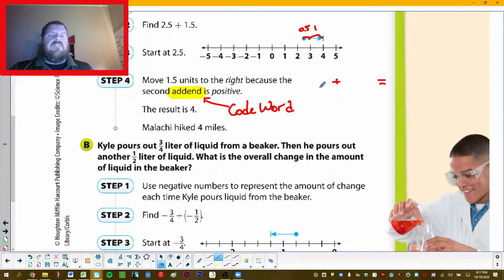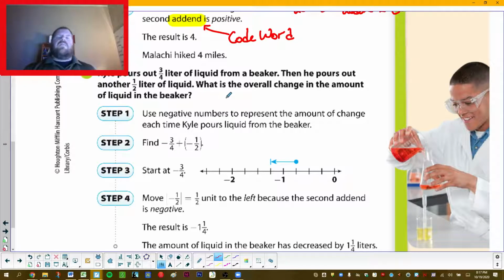If I have an addition problem here, the answer is called the sum, and the things that are being added together are called addends. So that's just giving you a little definition of our code word today.